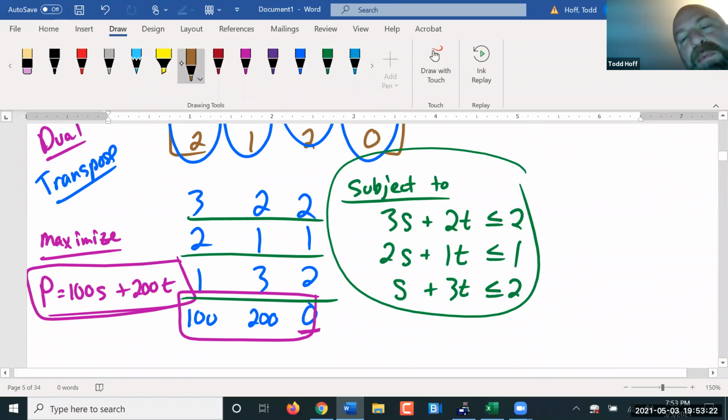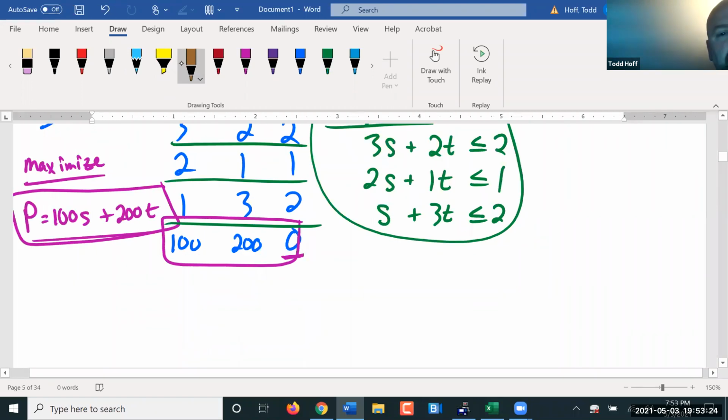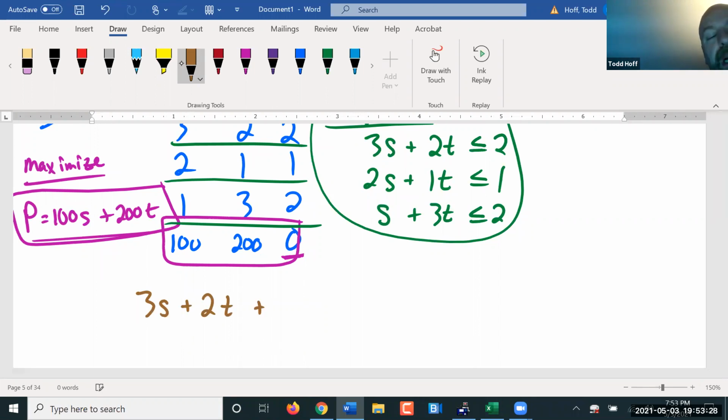So let's set this up with slack variables now. I have 3s plus 2t plus, now my slack variables are going to be the variables from the original LP problem, from that dual. So I'm going to put in plus x equals 2.